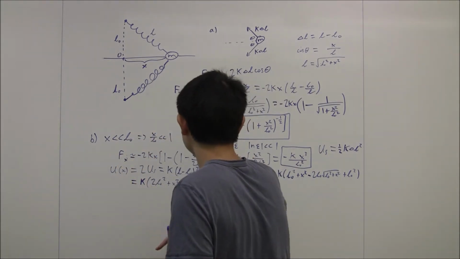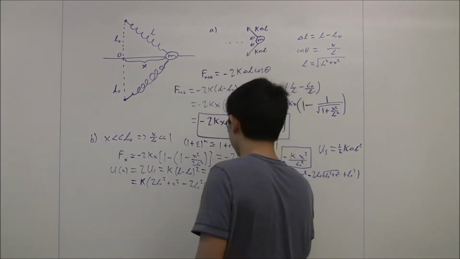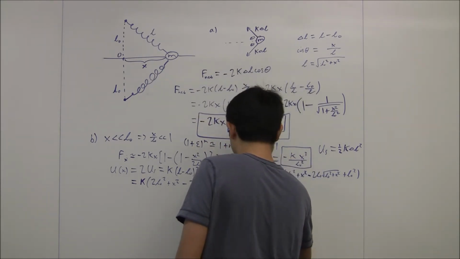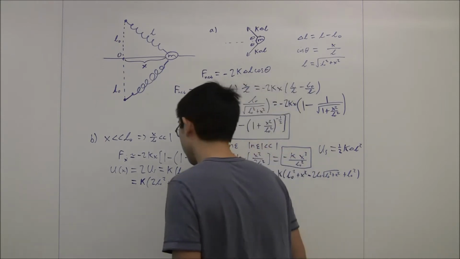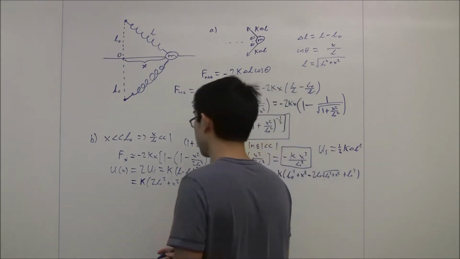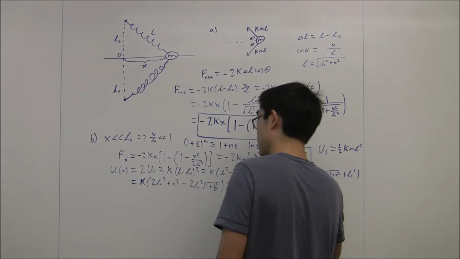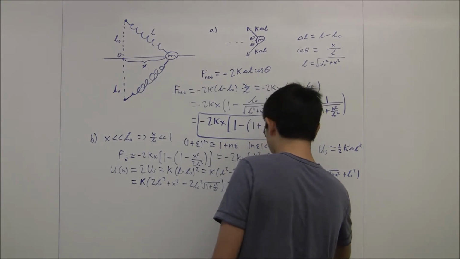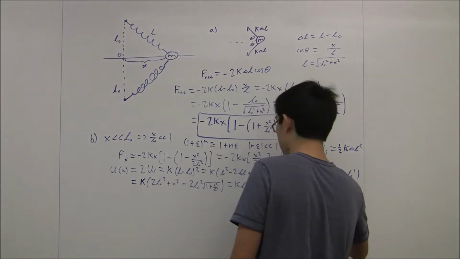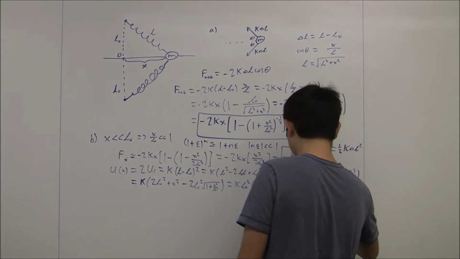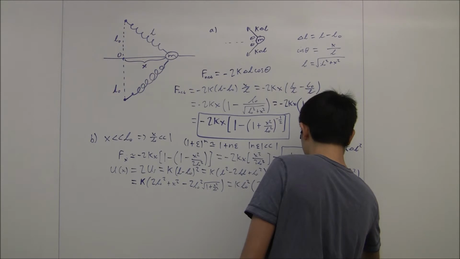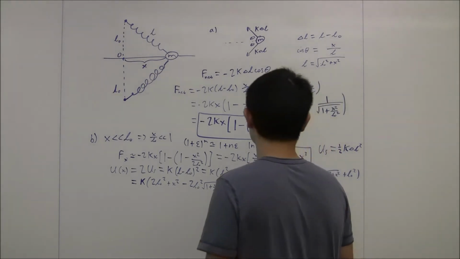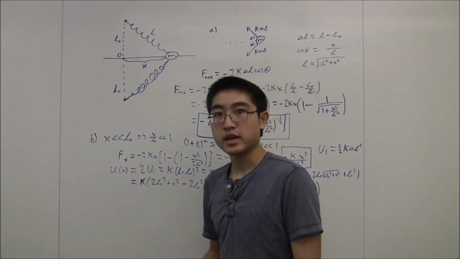And we can go even further by factoring out a factor of L naught squared. I'll save time and just write it out without explaining each term. So that's going to give us 2 plus this, that's 2 times this. Alright.